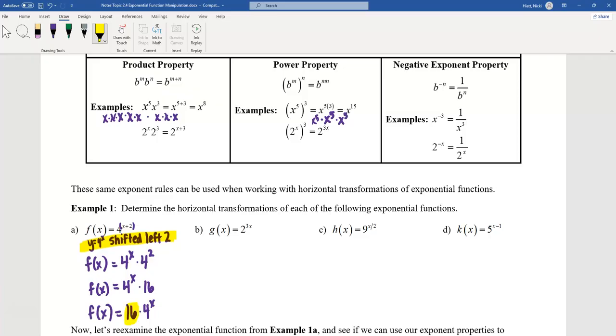What's this 16 do to the graph of 4 to the x? Vertical stretch. So now we would have y equals 4 to the x stretched, or I could say dilated vertically by 16. I'm getting ahead of myself, though. I wasn't supposed to do that on this problem.